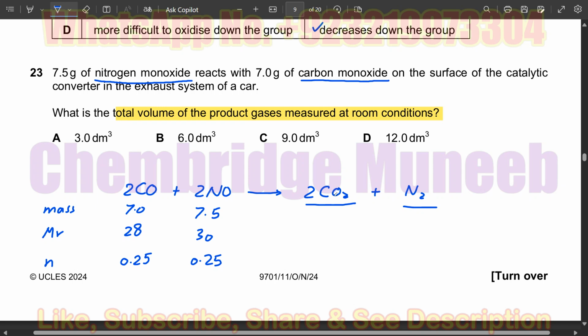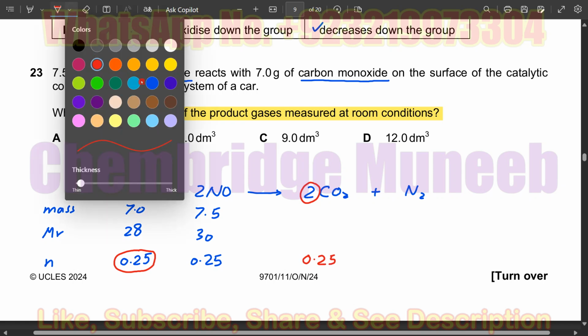Looking here in this chemical equation, there are 2 moles of CO and 2 moles of CO2. Either take the comparison between carbon monoxide and carbon dioxide or NO with CO2, both are the same, which means the same amount of moles will be produced for the carbon dioxide, 0.25 moles.